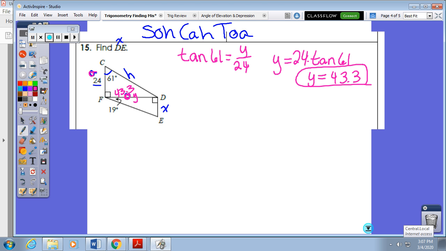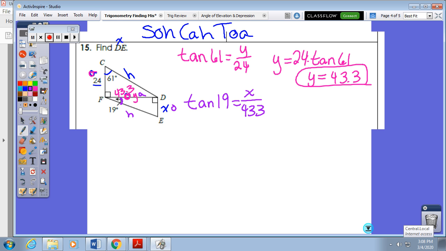And then from there, I can use this angle, and I have opposite, adjacent, hypotenuse on the 19-degree angle. So again, I'm using tan because I have opposite and adjacent. So tan of 19 is equal to x over 43.3.